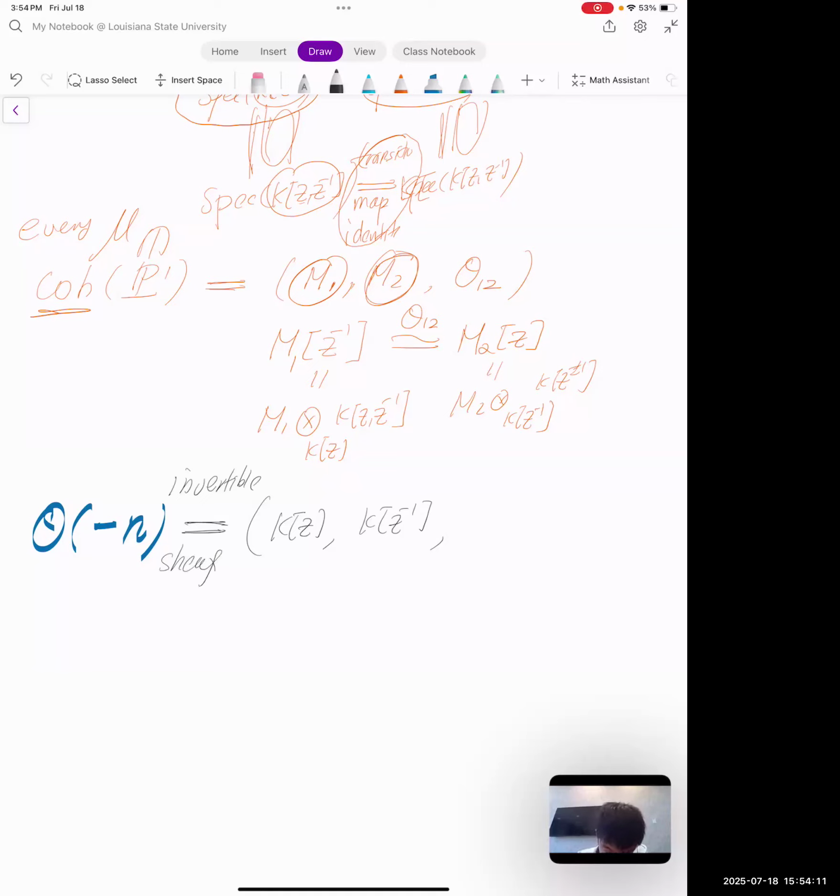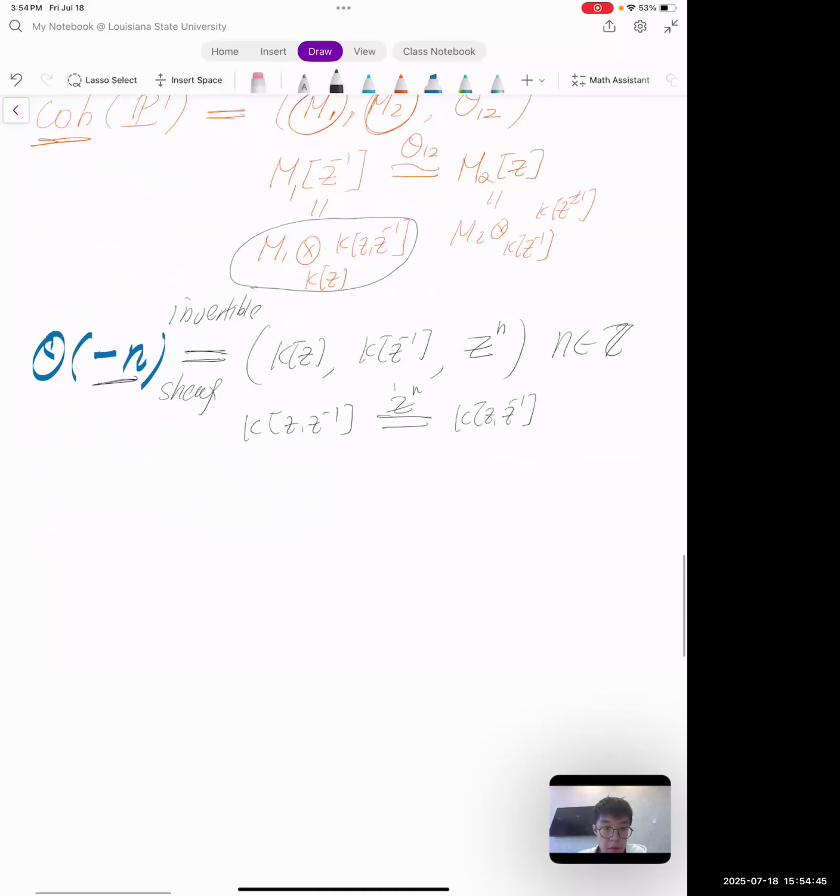And the transition is not trivial. If the transition were trivial, it would be O(0), the structure sheaf. I want to have something to do with this, so the transition is multiplication by Z^n. If you take the identity, that will be O, the structure sheaf, and here multiplied by Z^n. And this gives you another non-isomorphic invertible sheaf O(minus n), and n can be any integer.